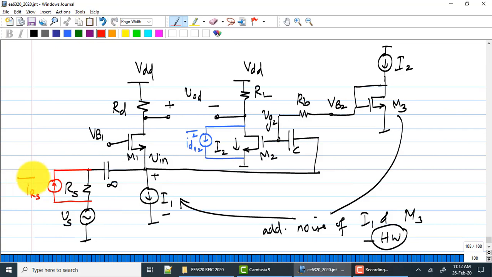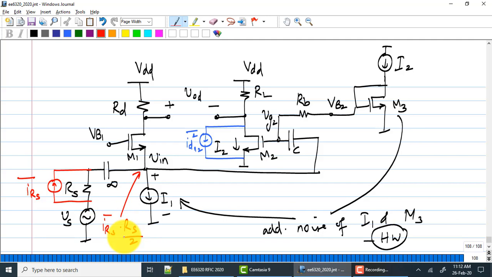So the voltage developed here, Vin due to RS, will be IRS into RS by 2. That will be the voltage developed. So that will now cause a current IRS by 2 to flow through the common gate stage.